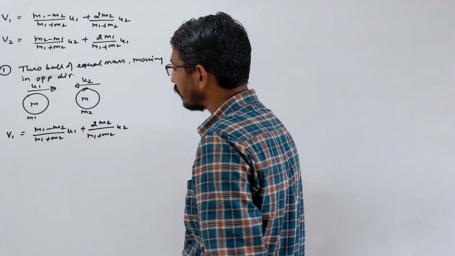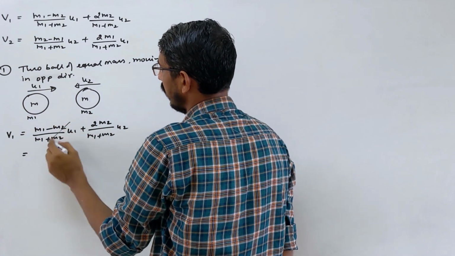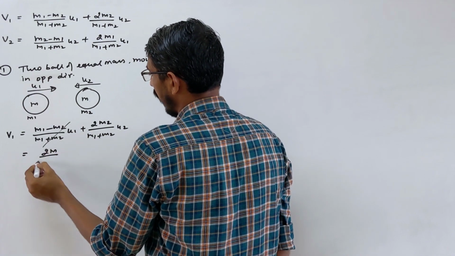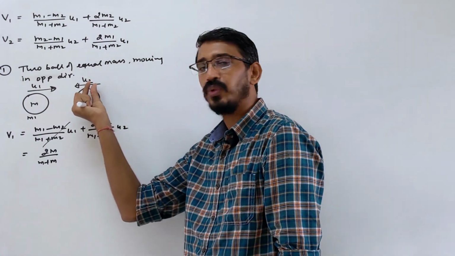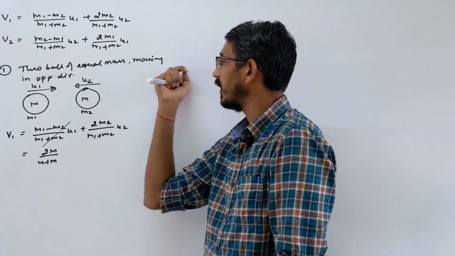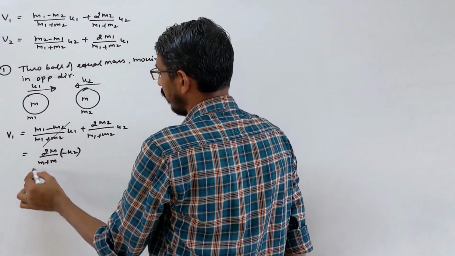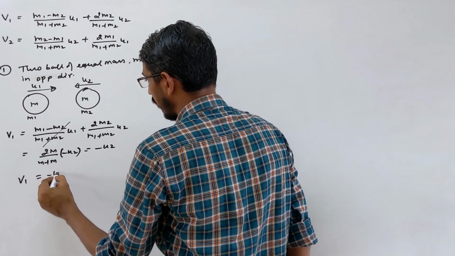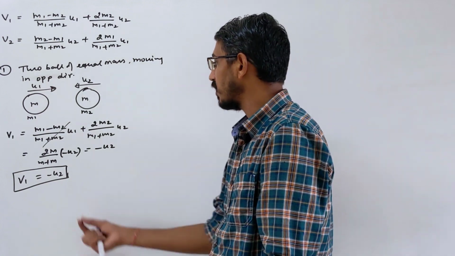Let's put in values. Since the masses are equal, the m1 minus m2 term becomes directly 0. In the other term, it is 2m by m plus m, and now it's very important: u2 is a magnitude, but its direction is opposite to the direction we are calling positive. So here you have to put minus u2, be careful. The 2m by 2m cancels, so the answer is simply minus u2. So v1 equals minus u2, the final velocity of the first ball.